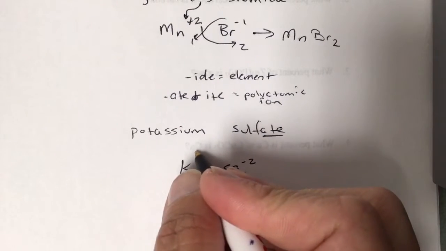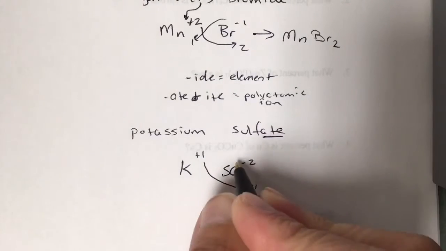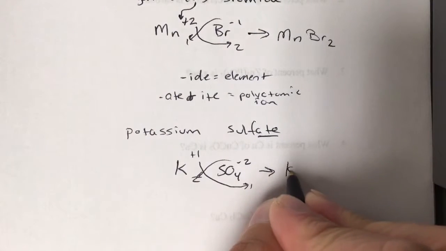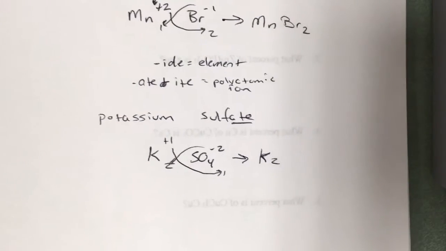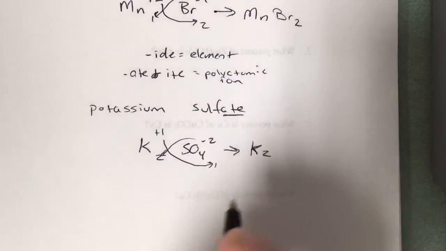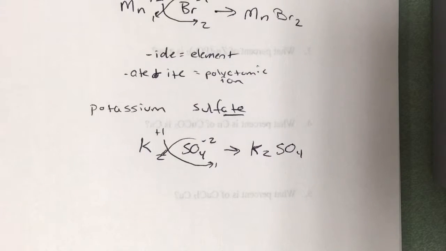Potassium, we look up on the periodic table, it's a +1, group 1. 1 goes over here, 2 goes over there. So it's K2SO4. When it comes to these polyatomic ions, we usually have to put them in parentheses before we write the subscripts on them, but since this is a 1, and we're not going to write it down, we don't have to use those parentheses this time.